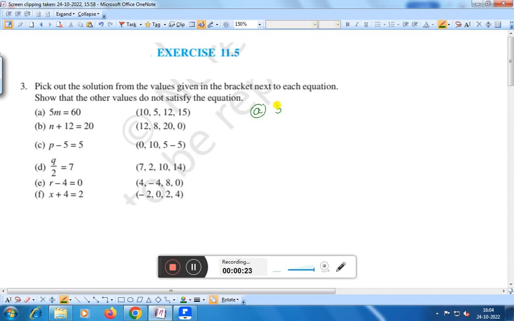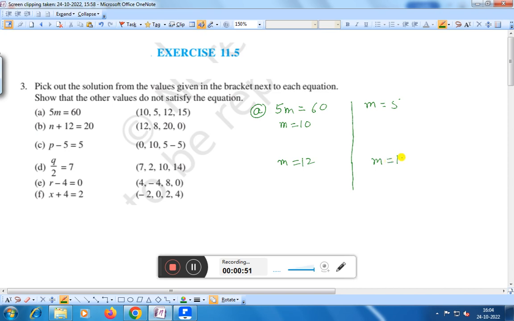5m is equal to 60. We will take the first value m is equal to 10. Next m is equal to 5, next m is equal to 12, next m is equal to 15.